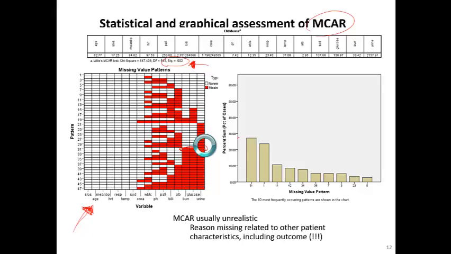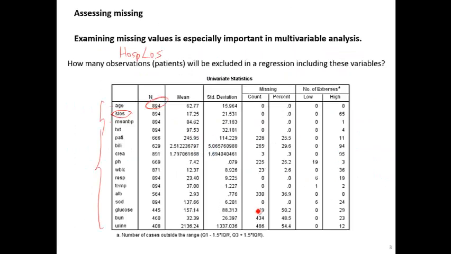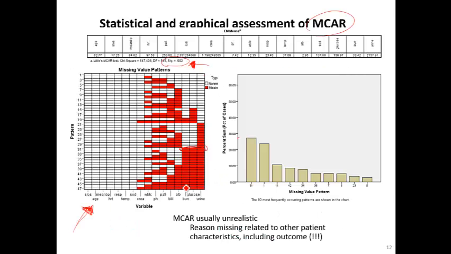In the previous slide, that is a person who missed glucose and also missed BUN and also missed urine output. Also pattern 47, where all 9 variables are missing, has no frequency shown here, but the percent of people who don't have any of these 9 variables is maybe less than about 3%.